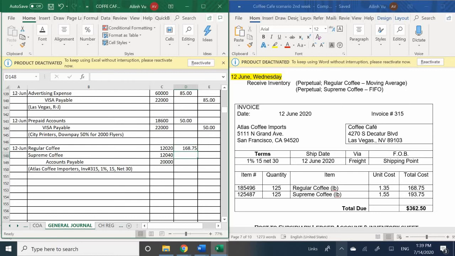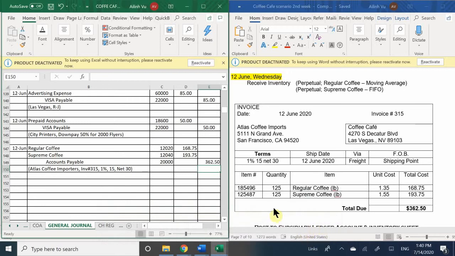And how much Supreme coffee did I buy? $193.75. That should equal whatever is stated on your bill. $362.50. I've already indicated my description here that I received this from Atlas Coffee Importers. The invoice number is 315, and the terms are 1% 15 net 30. What's next?